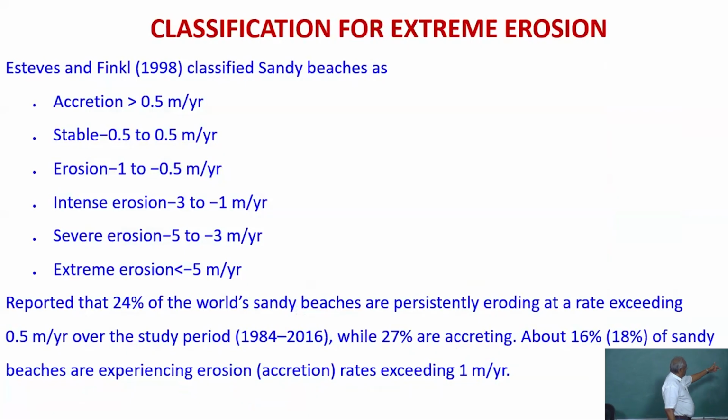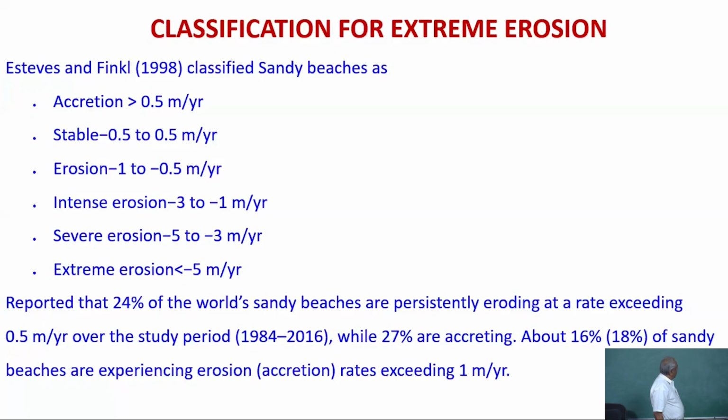Then you have erosion, intense erosion, severe erosion and extreme erosion. So the Chennai erosion, Royapuram erosion, which is north of Chennai harbour, comes under the last classification, that is extreme erosion. So, you look at the statement which is given.